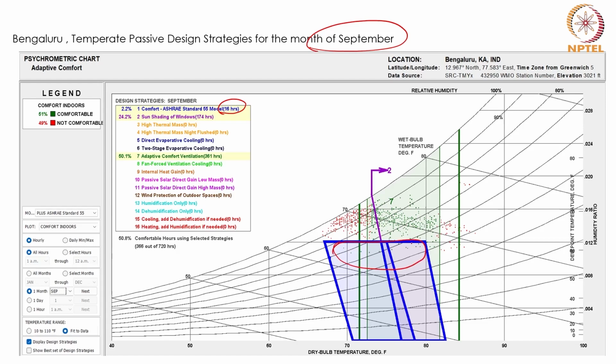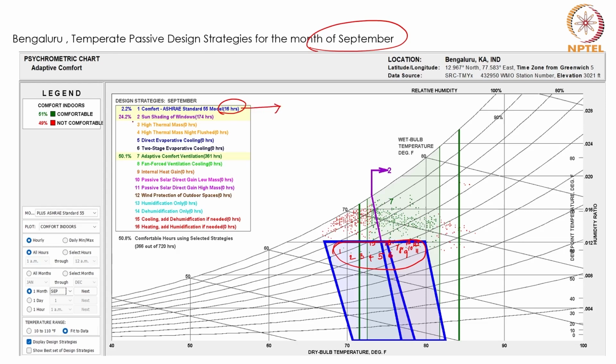So, these 16 hours, 1, 2, 3, 4, 5, 6, 7, 8, 9, 10, 11, 12, 13, 14, 15, 16, remain comfortable by itself.